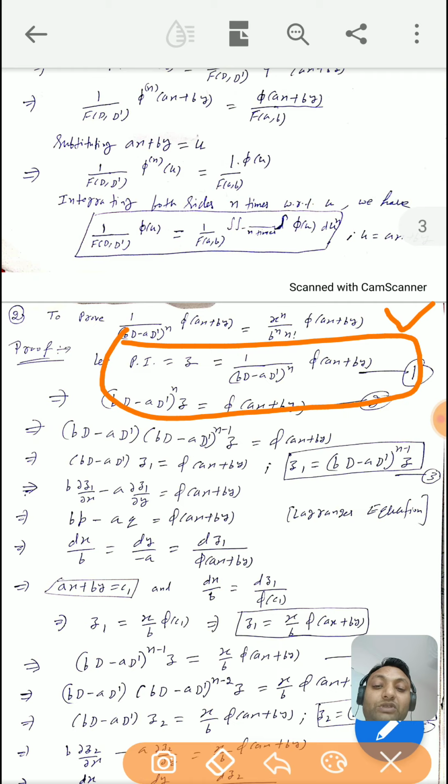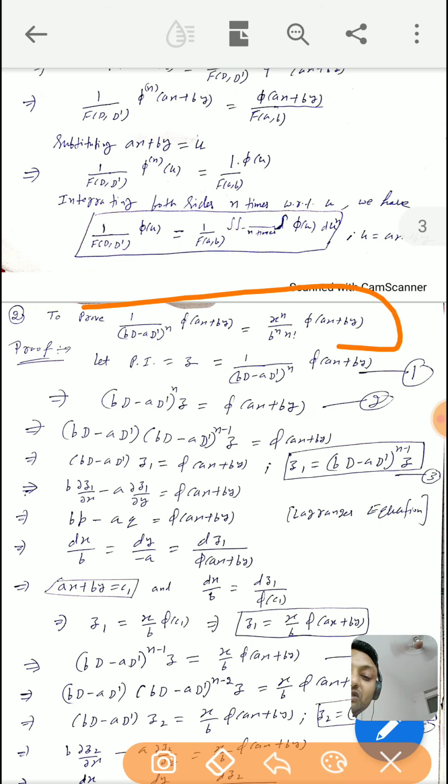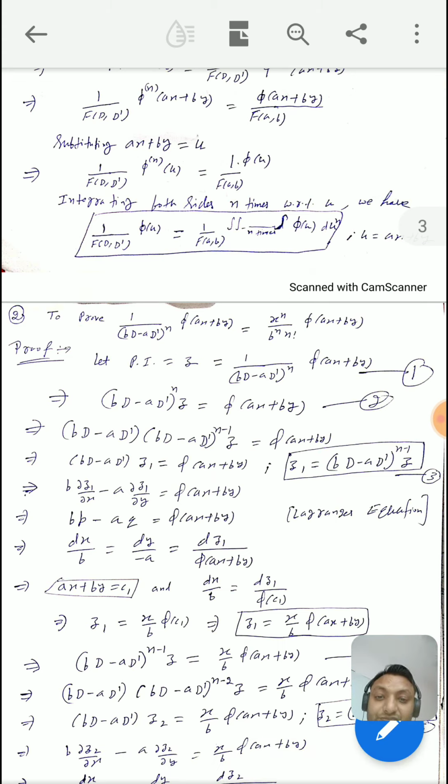We need to prove the right hand side. So we take the left hand side of this equation as z, and we will prove that it is equal to the right hand side of this equation.